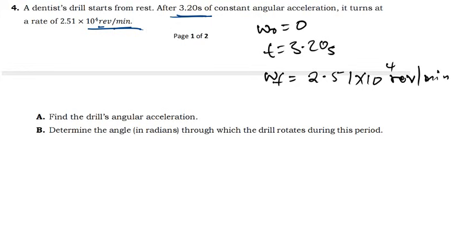I'll use dimensional analysis. Revolution, you put the minute down here, in 1 minute. This means 2.51 times 10 to the power 4 revolution in 1 minute, that is per minute, times.